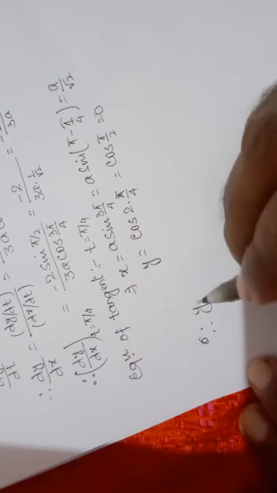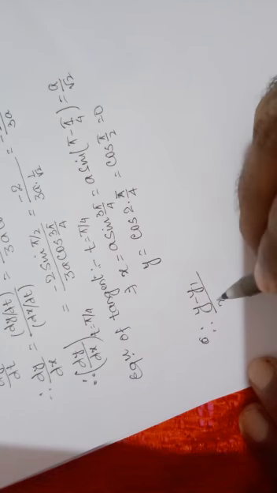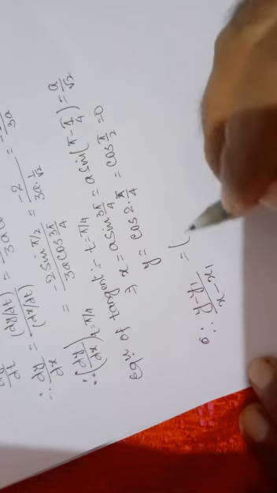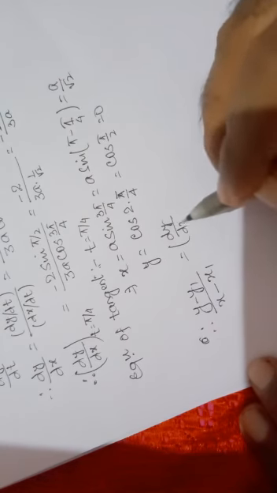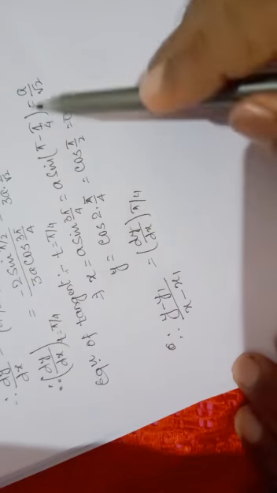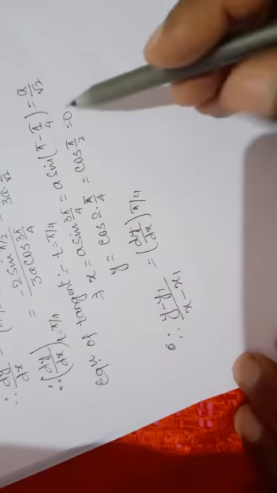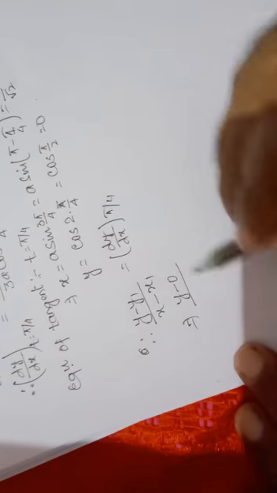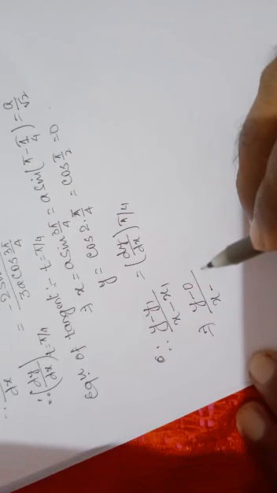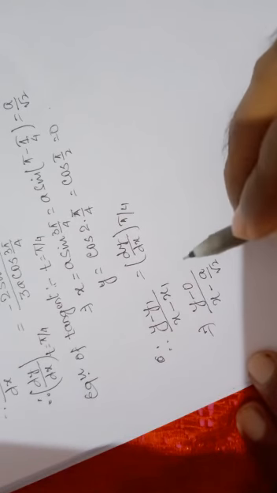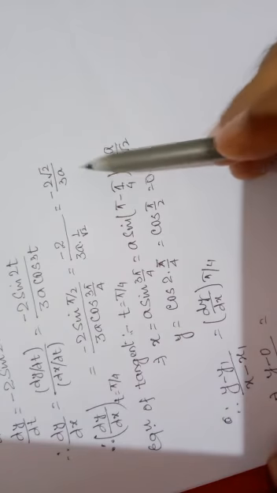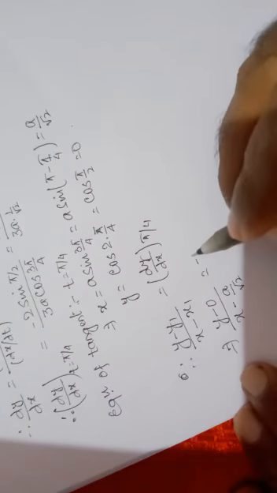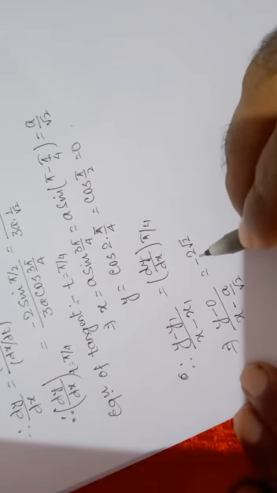So the equation of tangent is y minus y1 upon x minus x1 is equal to dy by dx at pi by 4. x1 is equal to a by root 2, y1 is equal to 0, so y minus 0 upon x minus a by root 2, and dy by dx you have obtained here is minus 2 root 2 by 3a.